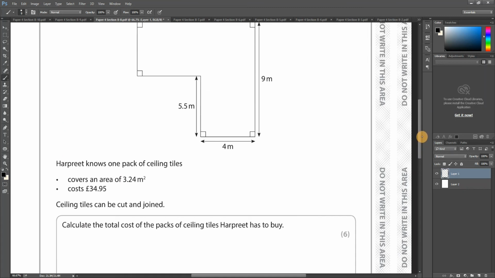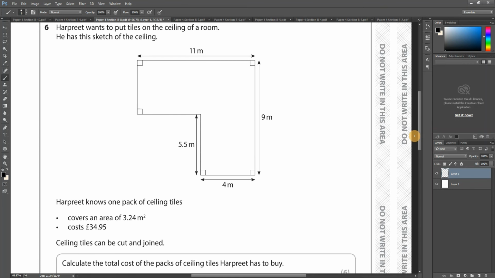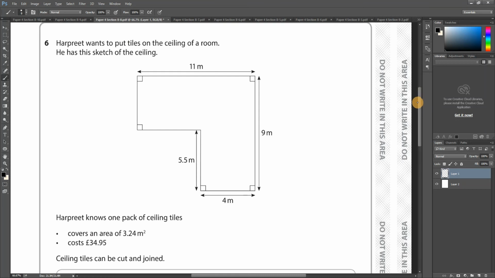Again, a lot of marks for one question. But yeah, you do tend to get these type of questions in level 1, so you definitely need to know how to do these because they're worth a lot of marks. Again, first things first, is it to do with area or is it perimeter?